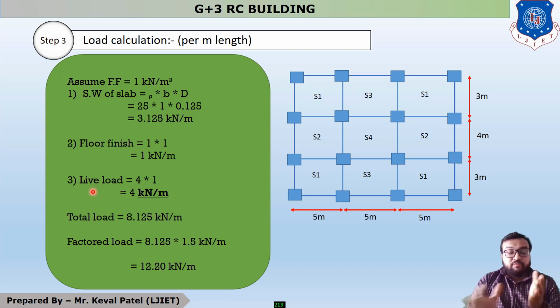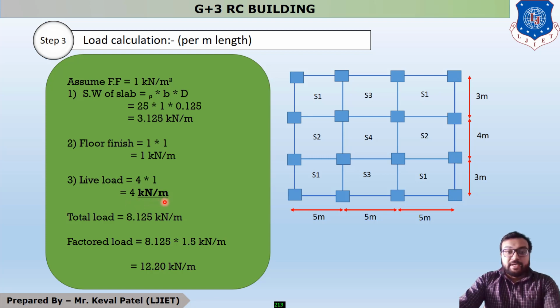Now whenever we have to convert kilonewton per meter square to kilonewton per meter, then we have to multiply it with some length, and that length is per meter length. So your live load is equal to 4 into 1. It is 4 kilonewton per meter.